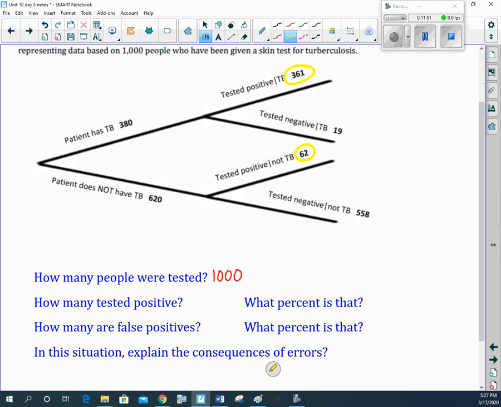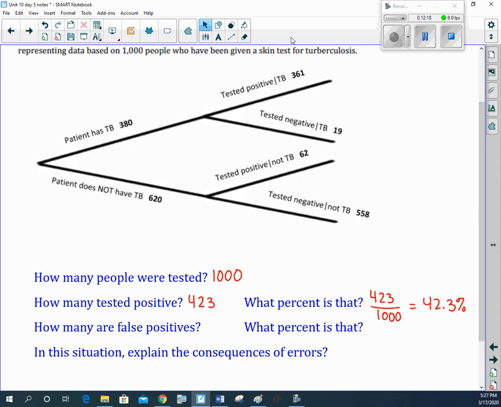So you're going to have 361 plus 62, so that's going to be 423. So what percent is that? Well, that's, or probability, that's 423 out of the 1,000 who were tested. So that's 42.3%. Okay.